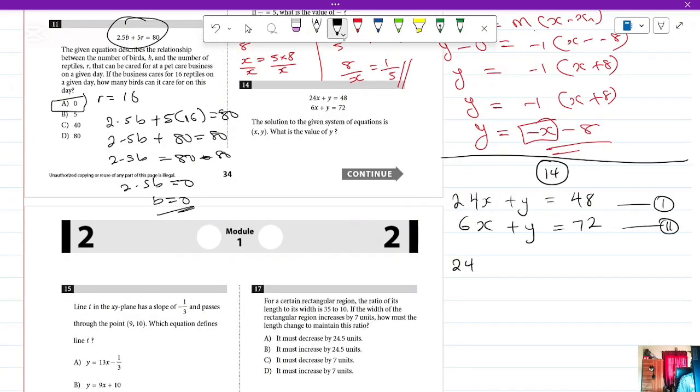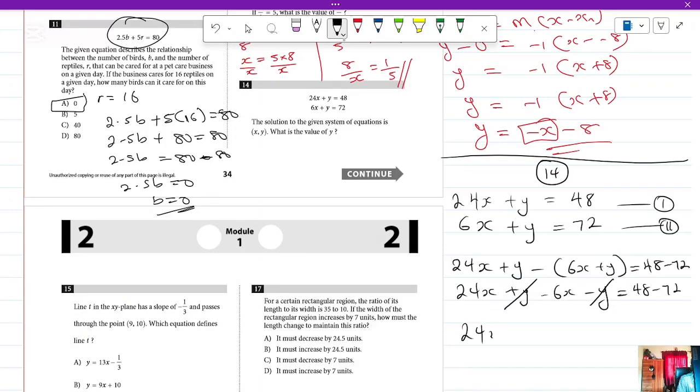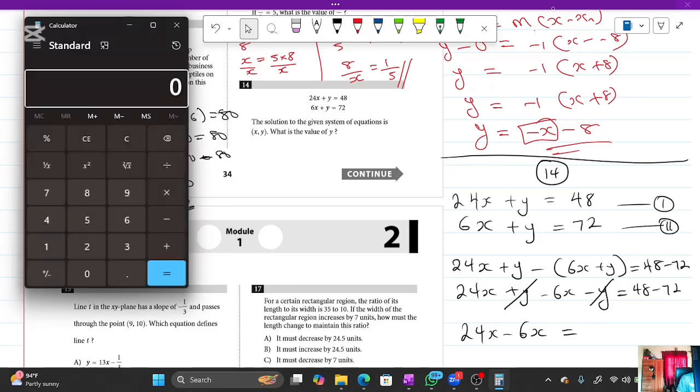So I can say 24x plus y take away 6x plus y equal to 48 minus 72. So that will be 24x plus y minus 6x minus y equal to 48 minus 72. In that case, this will cancel this. I'm left with 24x minus 6x equal to 48 take away 72, that will be minus 24.